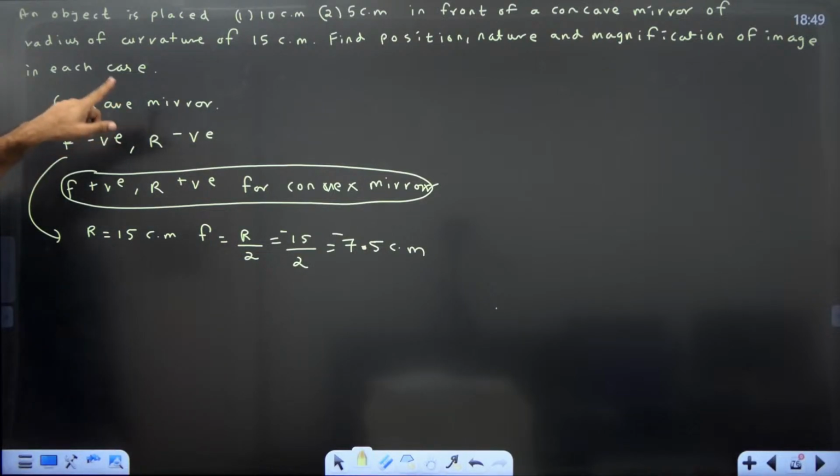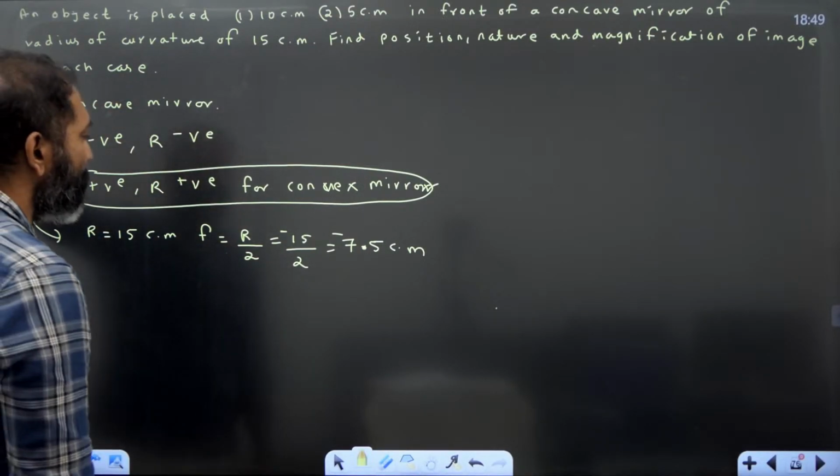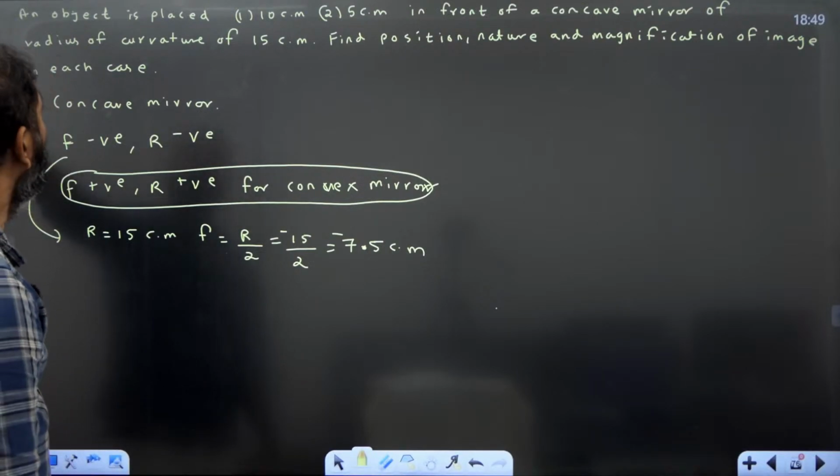We are discussing a concave mirror, so radius of curvature negative, focal length negative. Actually it is 15, but we are taking it as minus 15 since it is a concave mirror.